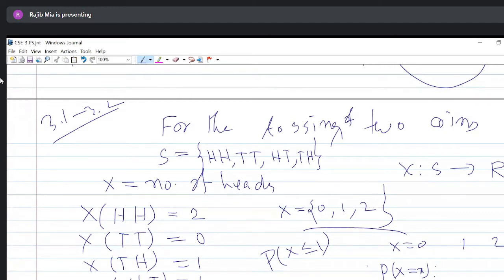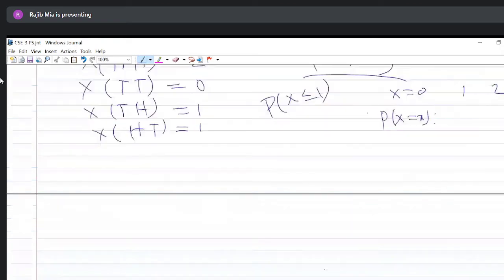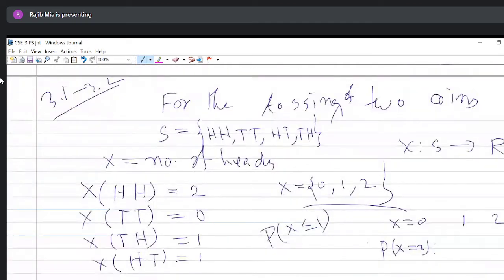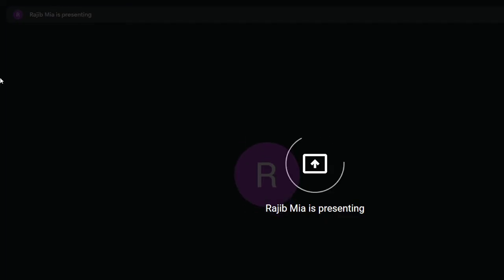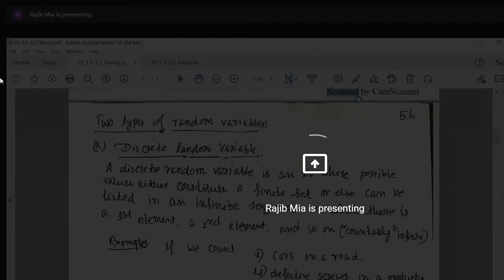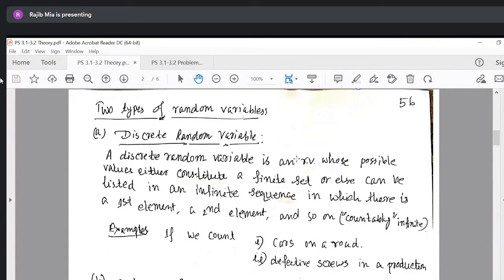Now random variables may be of two types: discrete or continuous random variable.